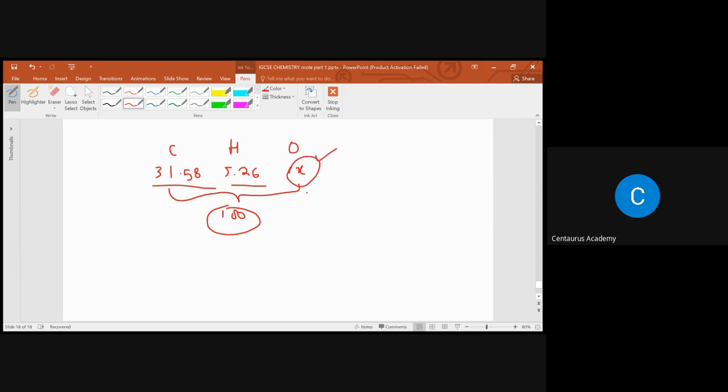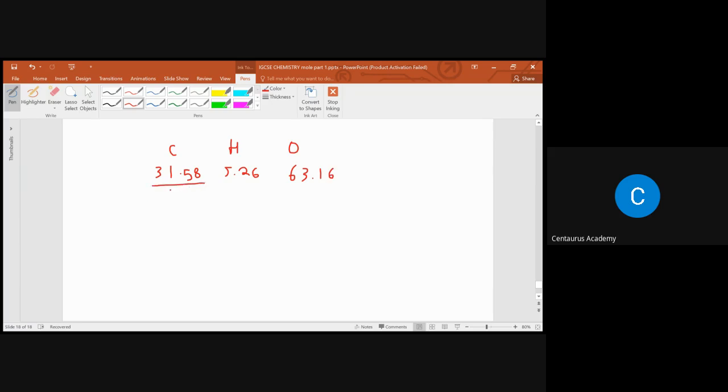Okay, what will be the answer here? 100 minus 31.58 and 5.26 gives you 63.16.